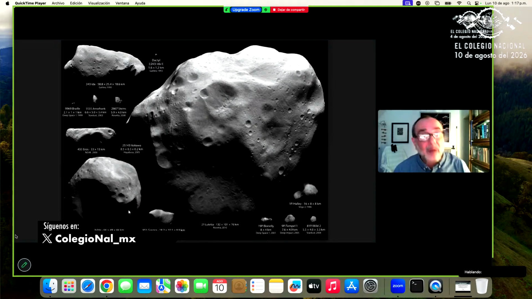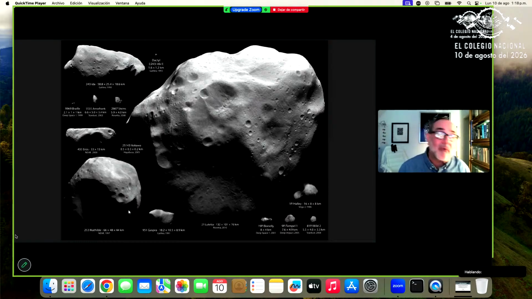Those are the objects, some of the smaller ones, that can eventually get into the inner solar system and hit Mars, our moon, our Earth, Mercury, Venus, and whatever else is around. One of them here is relatively large. It's over 100 kilometers across. It's the biggest one. Some others are smaller, just a few kilometers across, but all have irregular shapes and lots of craters. So, next picture, please.